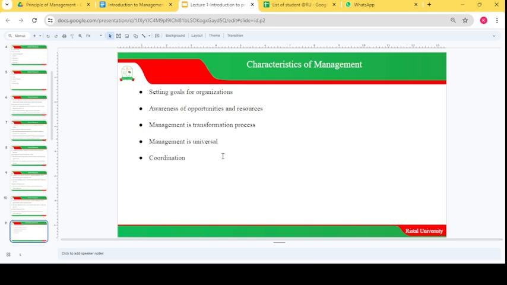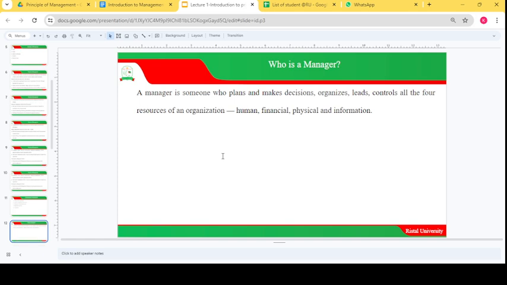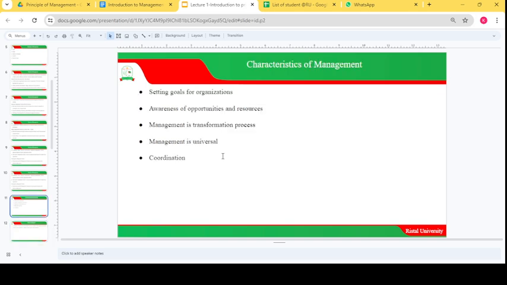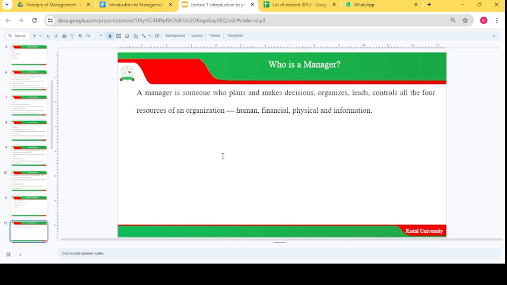There is also coordination, because various human beings organized in formal groups are endeavoring to achieve common organizational objectives. So those are the characteristics of management.